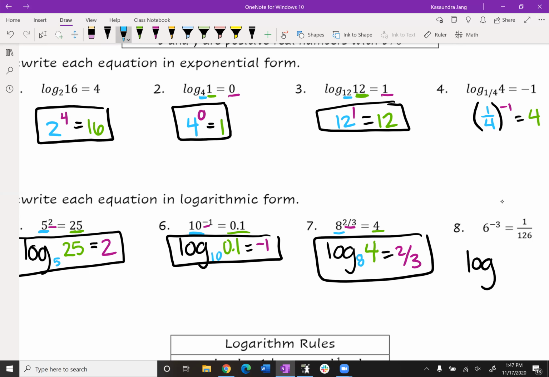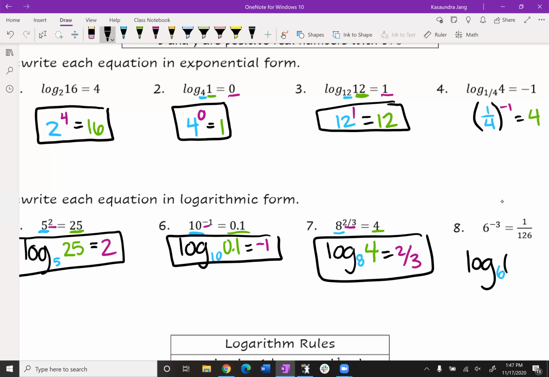The base is what is then raised to the exponent. So on this particular problem, what is the base that is raised to an exponent? Oh, you're good. So yeah, the 6, you got it. 6 is the base. So then your 1/126, that's actually the argument.